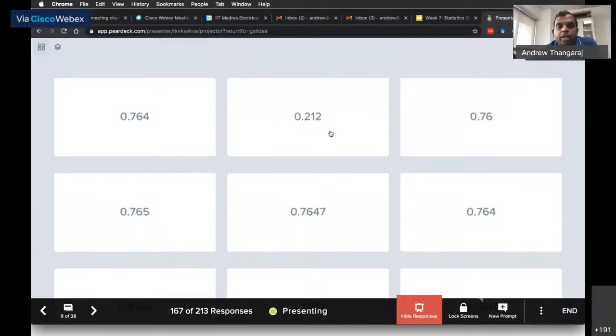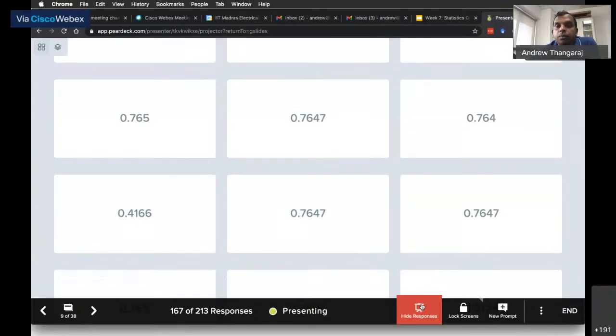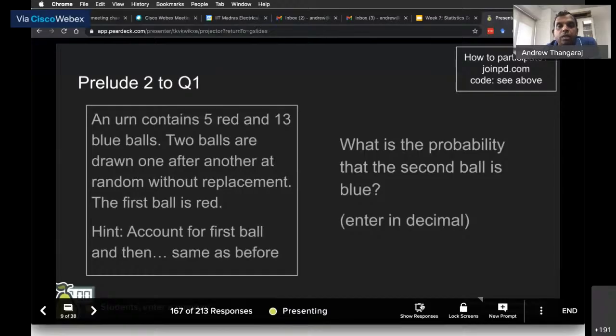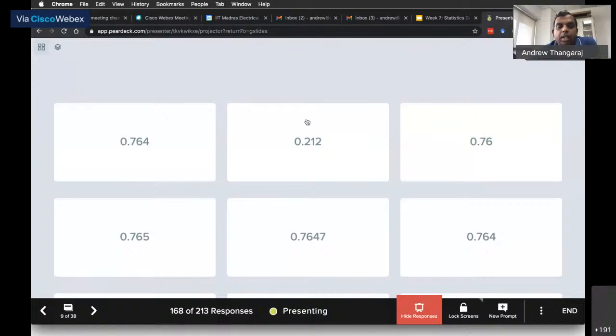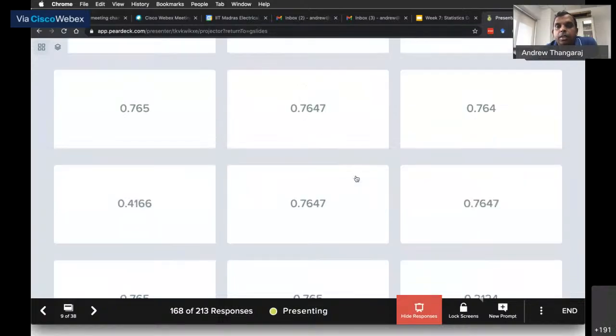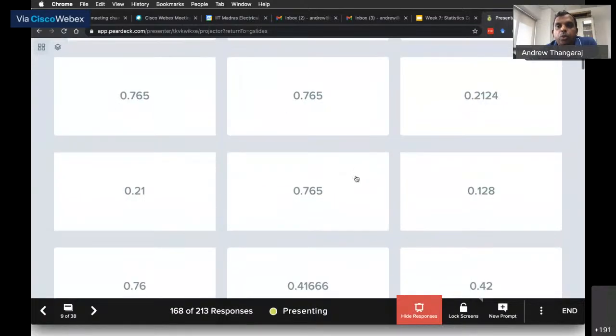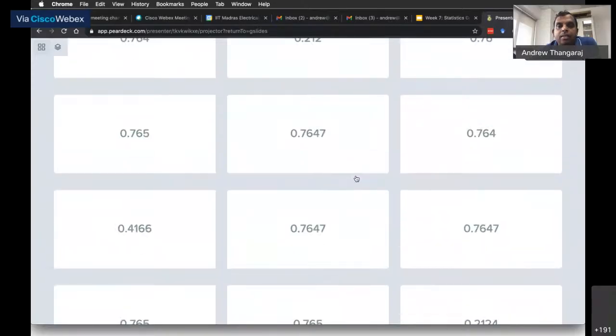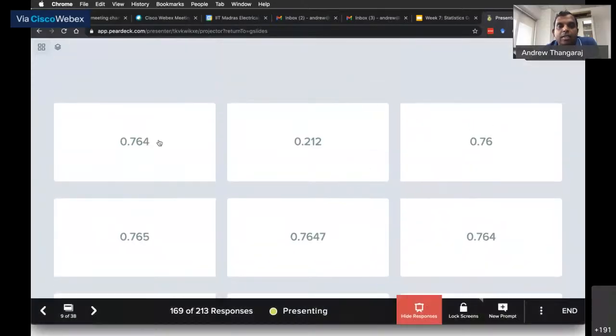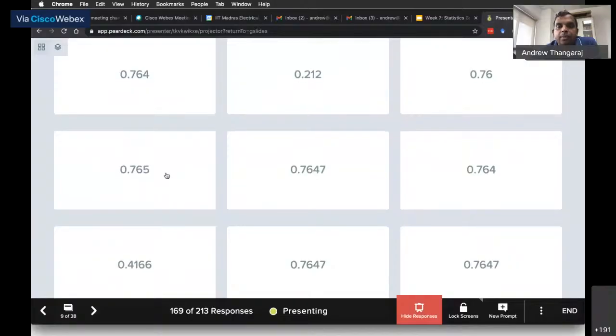I don't know. The question asks for the probability that the second ball is blue, I think, right? Not red. Maybe that gives 0.2, maybe. I don't know. But that seems to be a very popular answer. I think the answer is more like 0.764. I think that's the correct answer.